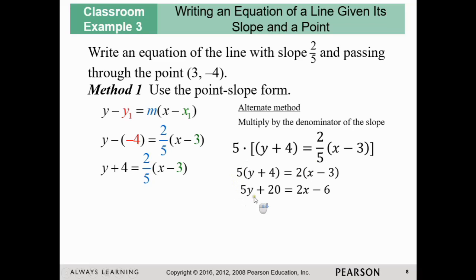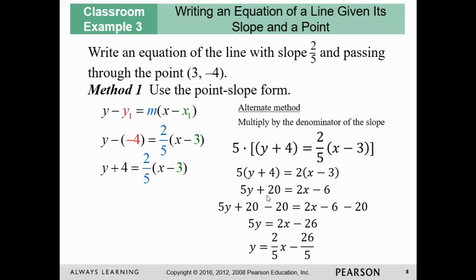So we go ahead and distribute the 5, distribute the 2. Then we subtract the 20 from both sides. And then we solve for y. We divide by the 5 on both sides. And then there we have the final equation written in slope-intercept form.